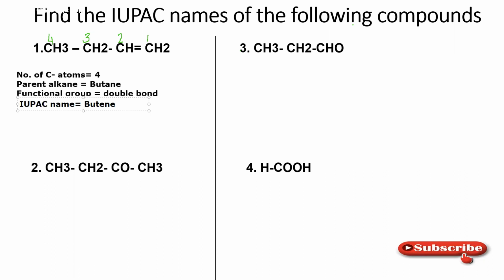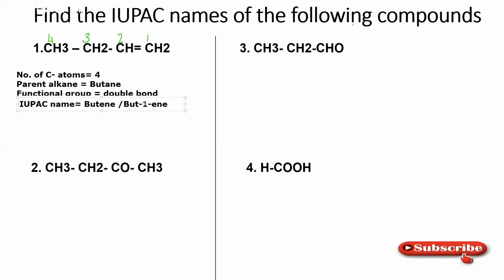Or if we want to mention the number, we can write but-1-ene. Here, in the IUPAC name, when I wrote the number, I put a small horizontal line. That means a number and a character should be separated by a small horizontal line.